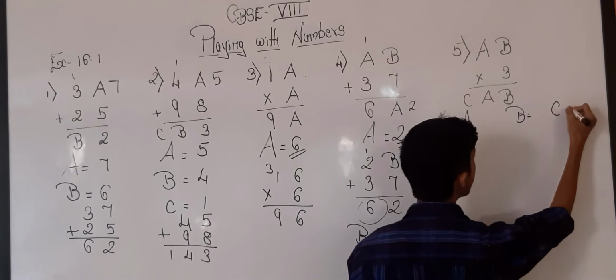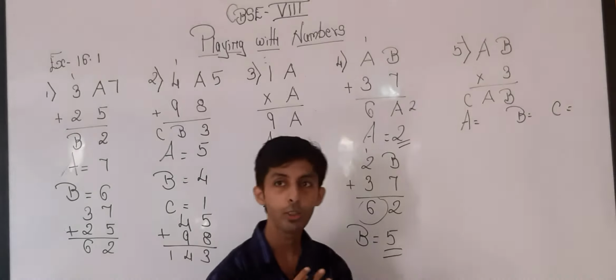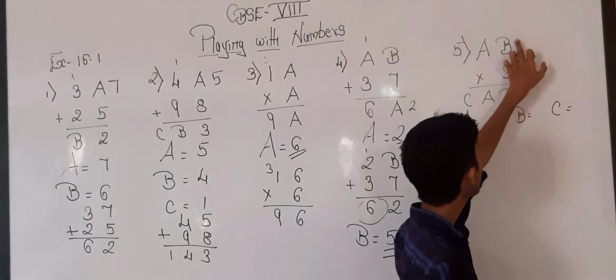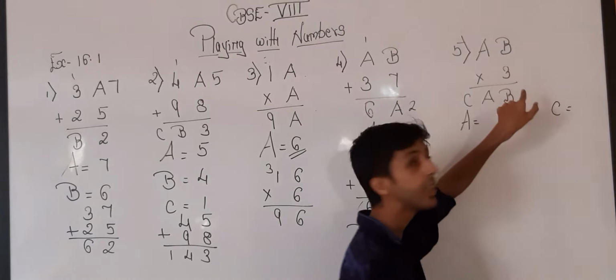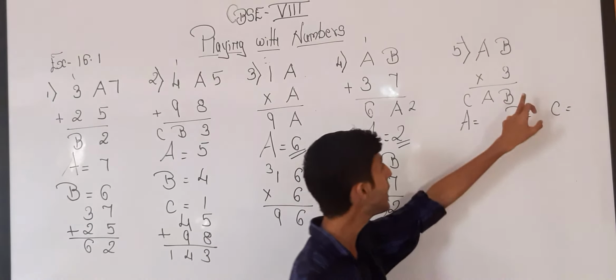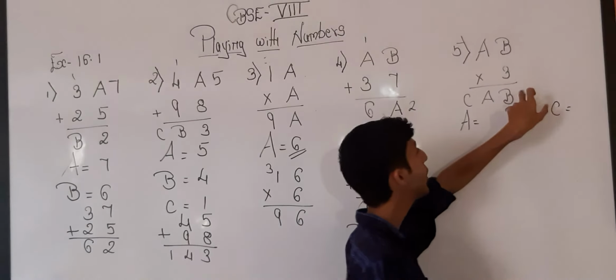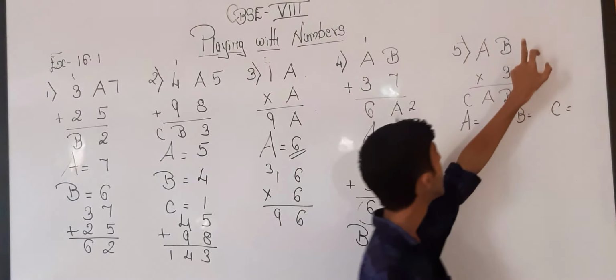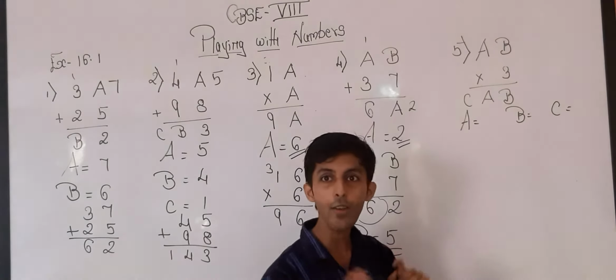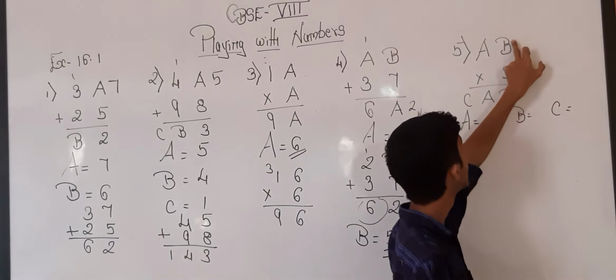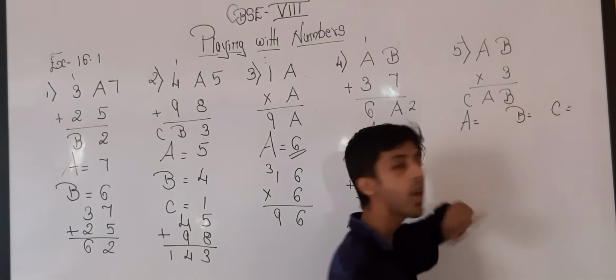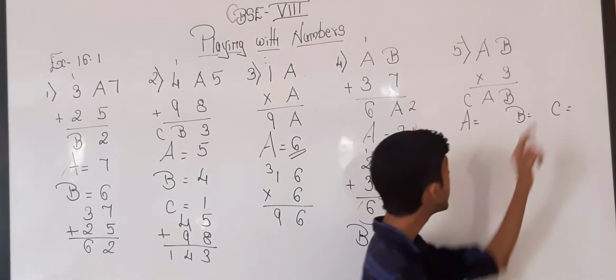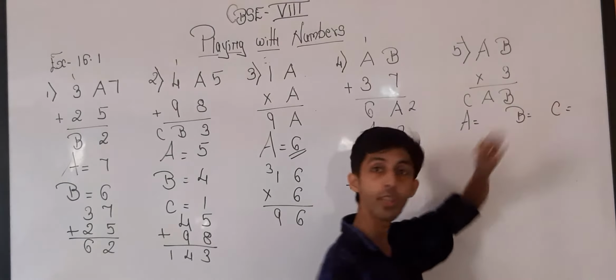If I am taking the value of b as 1, 1 times 3 is 3, my value of b is getting changed. 2 times 3 is 6, again the value is getting changed. 3 times 3 is 9, value is getting changed. 4 times 3 is 12, 2 will be getting over here, so value is getting changed. 5 times 3 is 15, yes, correct.